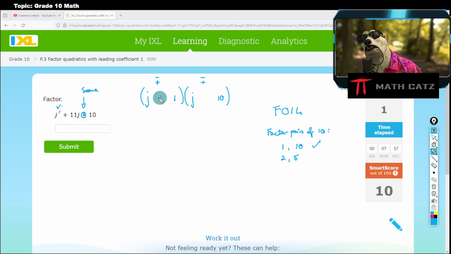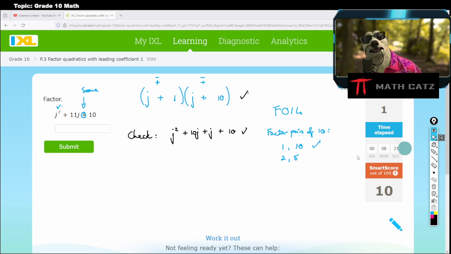So I have to put both pluses. Let's have a little check. You can always check. Foil this out. I get the first ones. I get the outside ones. I get the inside ones. I get the last ones. That's exactly my answer, and therefore this was correct.